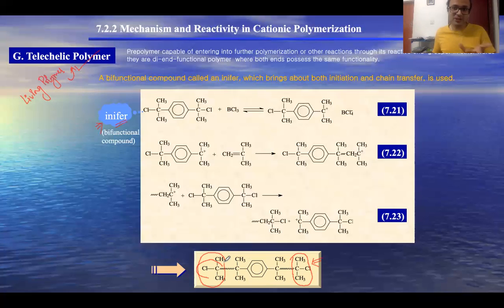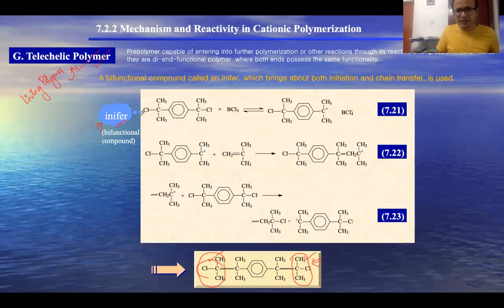Sorry, let me use the term properly. In telechelic polymers, the end groups are active, and these active end groups are the same. So whenever living polymers have the same active end groups, they are classified under the category of telechelic polymers.